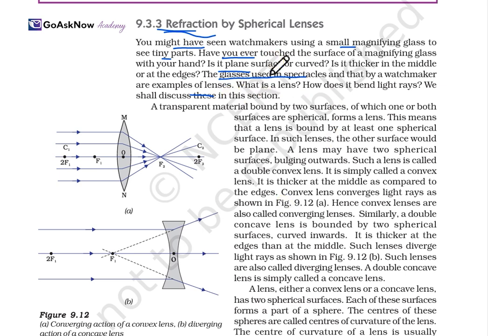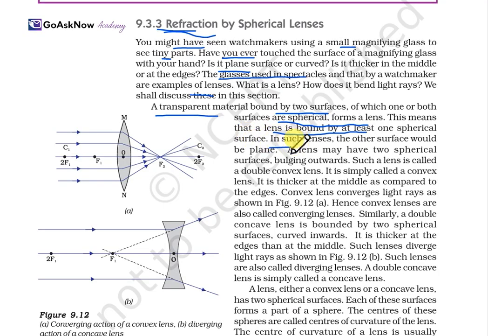A lens is something which we can use in glasses or as a magnifying glass as well. It is a transparent material bound by two surfaces, of which one or both surfaces are spherical. This means the lens is bound by at least one spherical surface.